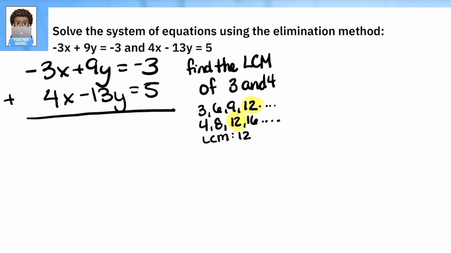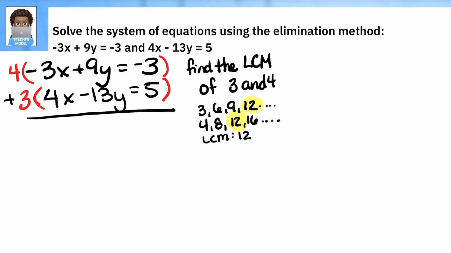All right, so let's figure out the top one. How do I get that negative 3 to become a 12? I'm going to multiply this one by 4. And how do I get that 4 to become a 12? I'm going to multiply this by 3. Okay, and notice again, I do want one to be negative and one to be positive.